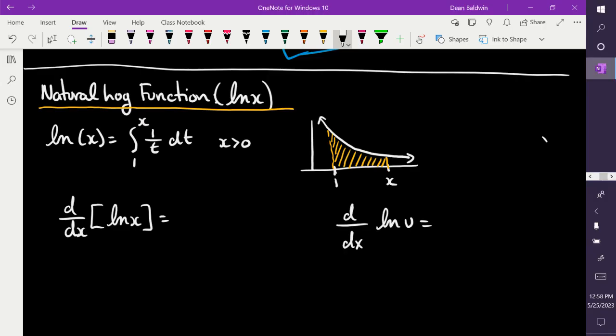Okay, so the natural log function. We got to talk about that first. The natural log function is defined as an integral. Right? Nobody ever tells you that until you get to calculus because you don't know what integrals are. But the natural log function is the area under the curve 1 over t from 1 to x, i.e. this area here.